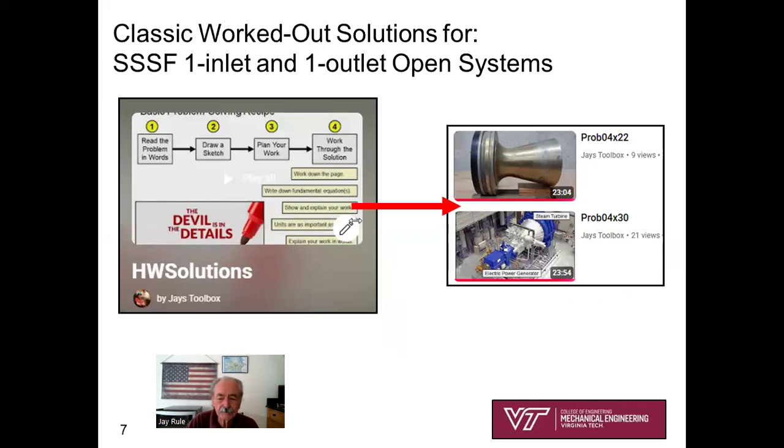Now, in these videos of chapter key points, you're seeing that I'm not really working out any problems, but I try to work out problems that I've selected for each chapter. And for chapter 4, I've got 2 problems that I've worked out start to finish, and I explain how I did the solution for these two open systems from chapter 4. They're totally different types, but both of these homework problems are steady state, steady flow, open systems, and both of them have one inlet and one outlet.